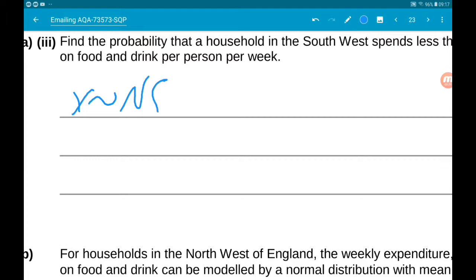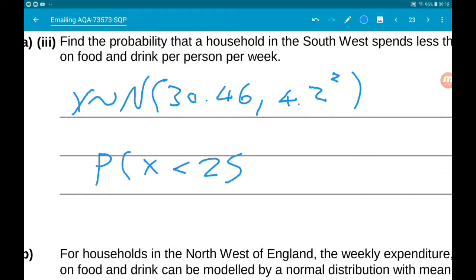Now our mean was 30.46, and our variance is our standard deviation squared, so 4.2 squared. Now we want the probability that X is less than 25.